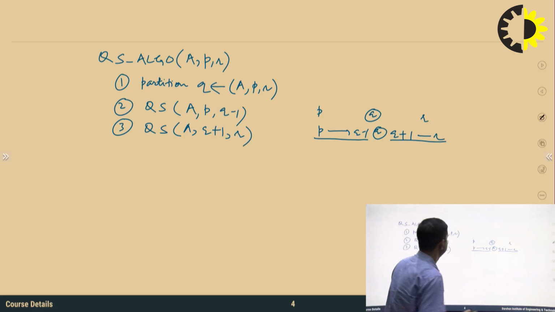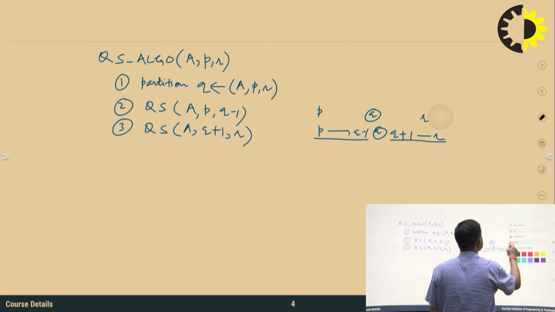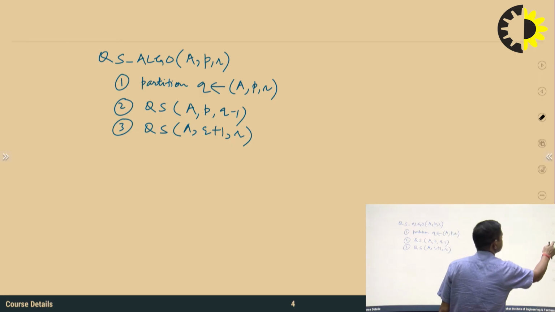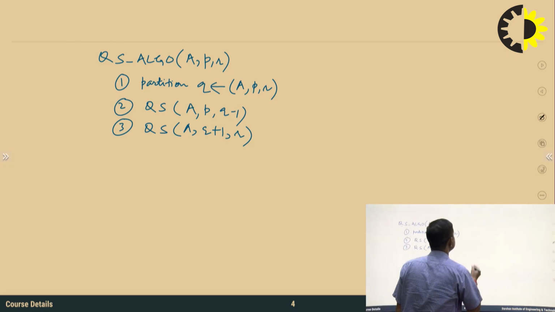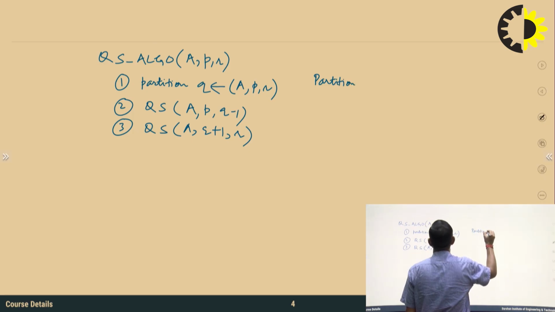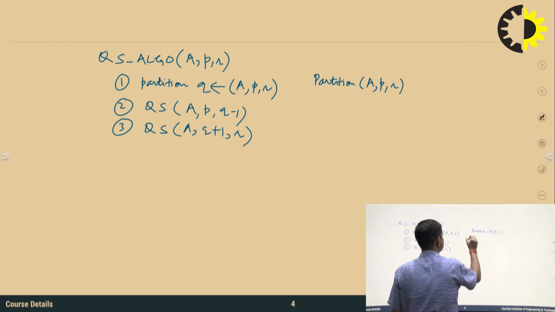Now, first of all, we have to partition. At this step, it will call the partition. So I'm writing the steps. Partition, where A is the array, P is the lower bound of the array, and R is the upper bound of the array.